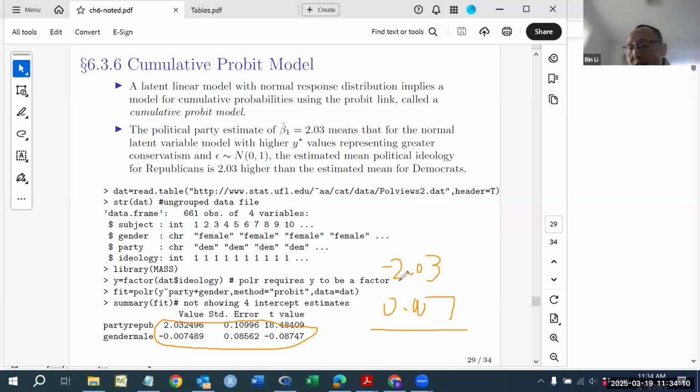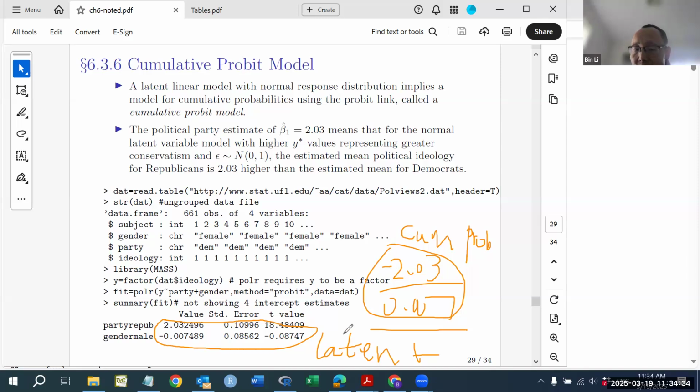Is that clear? So there is a sign difference. These coefficients are for the latent variable model, and these are for the cumulative probit model. They are different. The difference is in the sign.